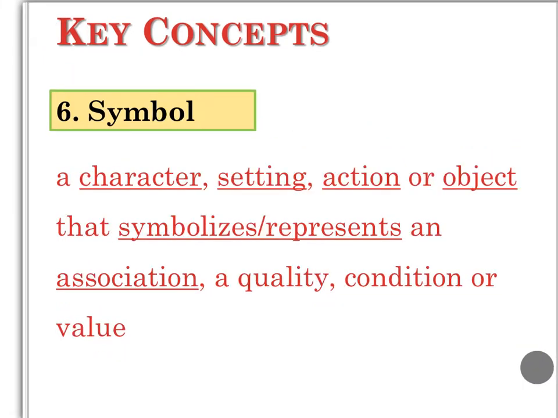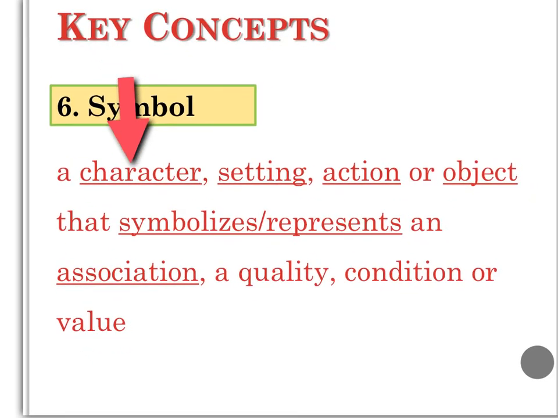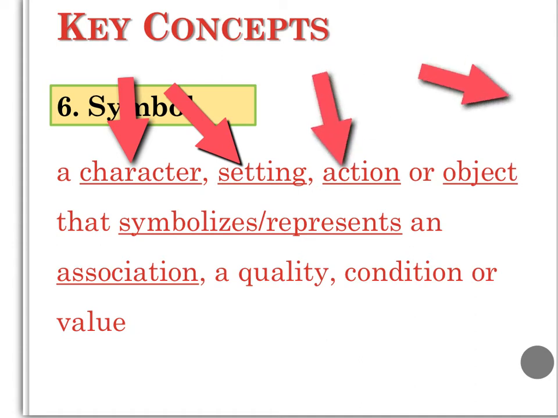And of course, you can always write about a symbol, and I would think that you're probably most familiar with this particular topic. What does this deal with exactly? Well, with this topic, you are going to choose a particular character, a particular setting, a particular action, or a particular object to write about.